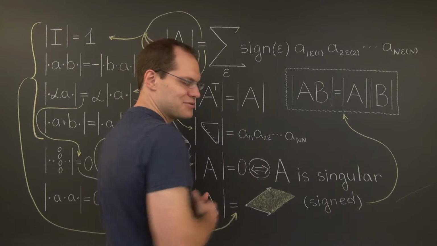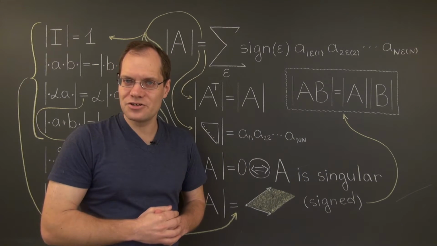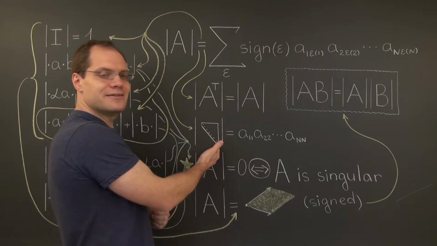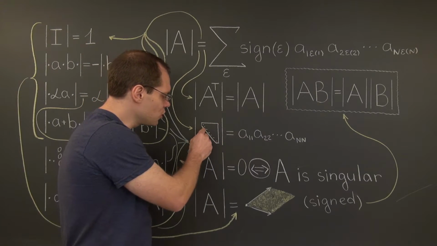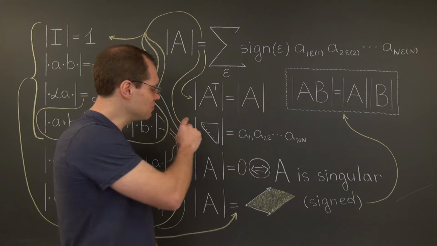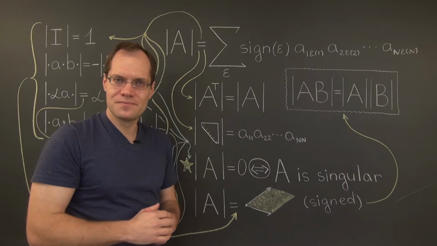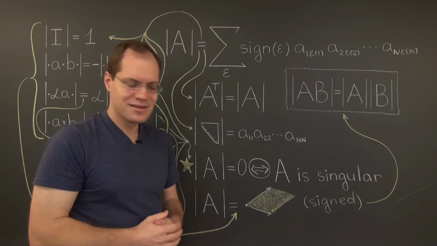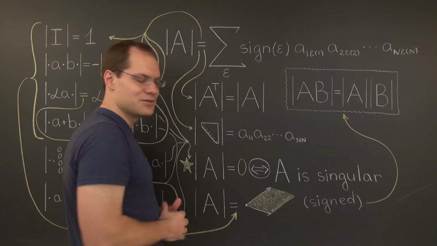Let's go in the opposite direction. If the determinant is 0, then by this strategy, it means that post-Gaussian elimination, there will be a 0 on the diagonal. That's the only way that a product of several numbers can be 0. That's if one of them is 0.